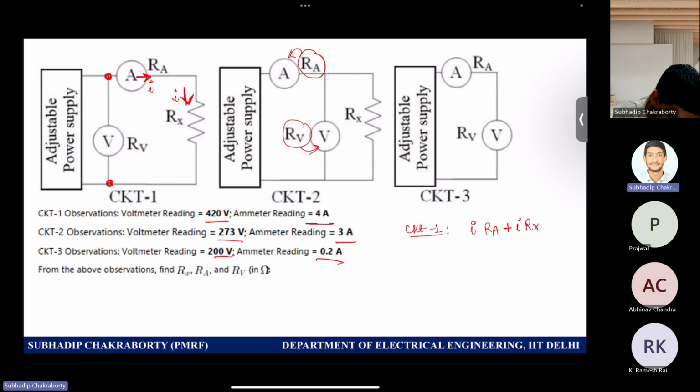The net voltage is the same as the voltage recorded by the voltmeter because they are connected in parallel. Up to this is clear?